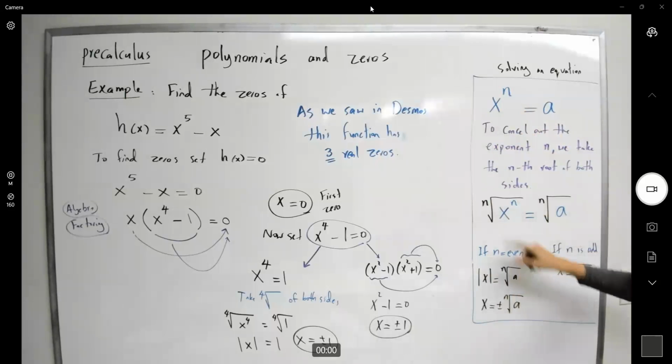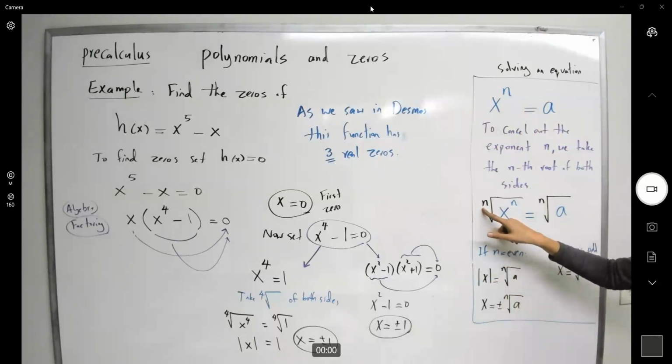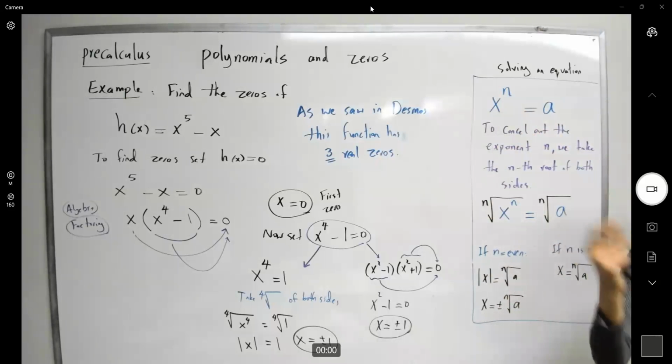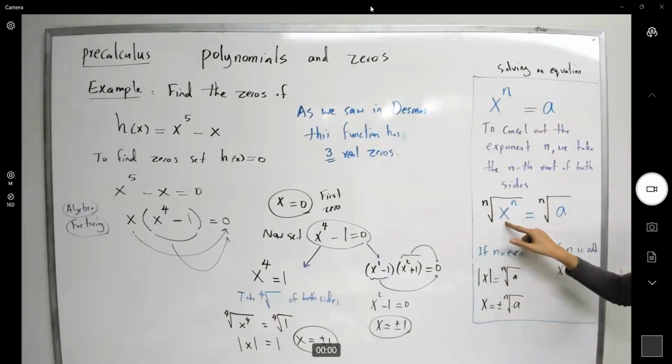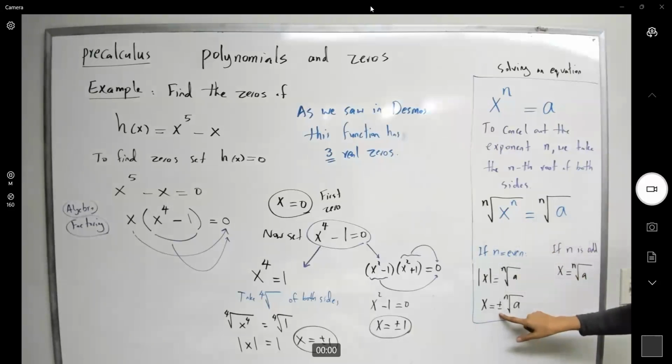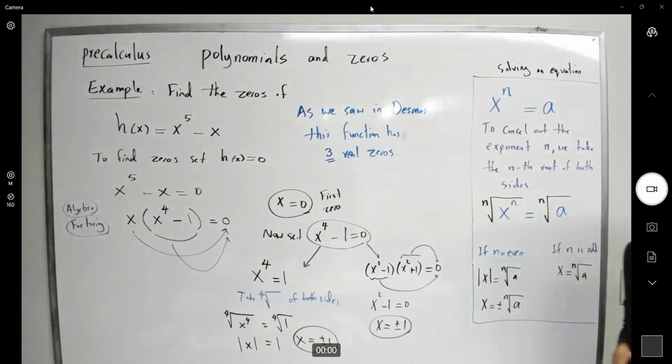If n is even, like 2, 4, 6, 8, you get plus or minus, 2 answers. Why is that? Because if this is raised to an even exponent, then plus and minus are considered to be just plus. So your final answer has plus or minus in front of it, 2 answers. But if n is odd, then you get just 1 answer.